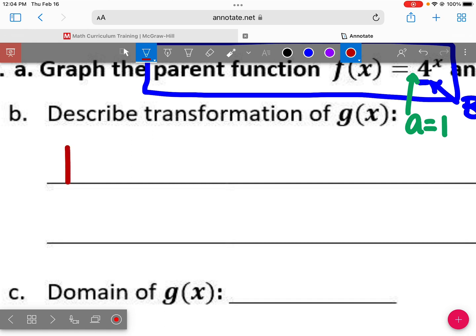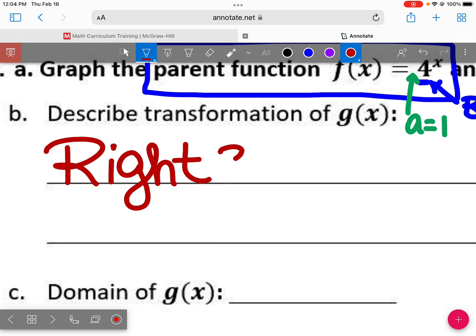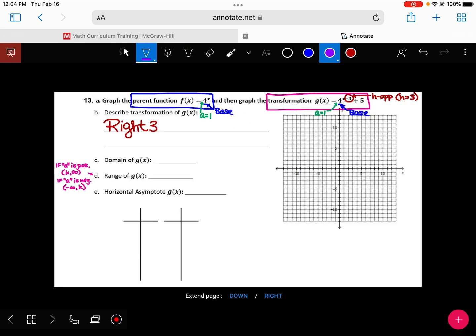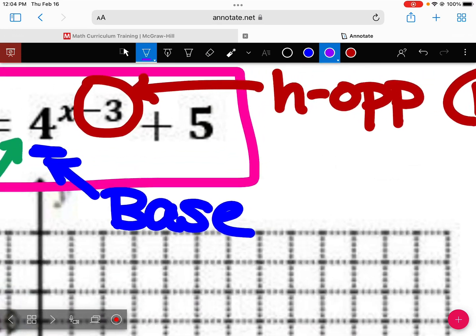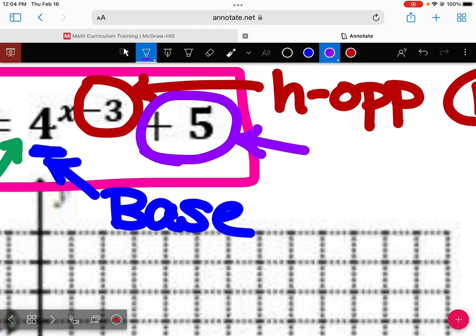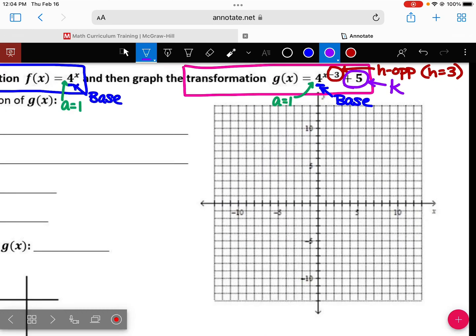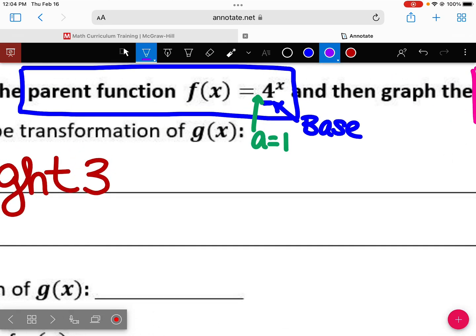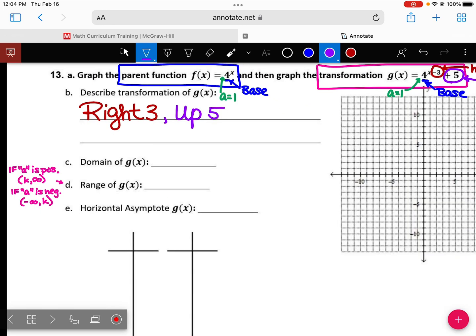It goes right. It's going to move to the right 3. Which one takes us up and down? The K value. What's our K value? 5. Right here is K. Will it go up or will it go down? Up. Up how far? Up 5.